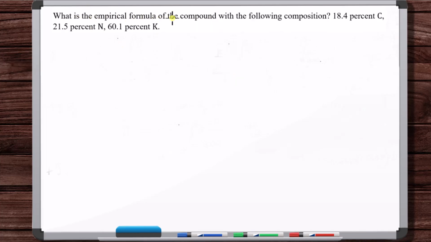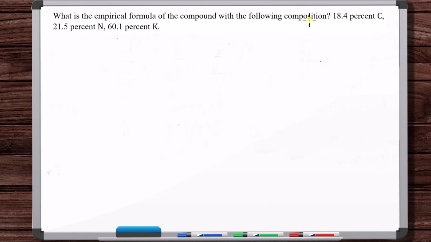What is the empirical formula of the compound with the following composition? 18.4% carbon, 21.5% nitrogen, 60.1% potassium. So I wasn't sure if they're talking about percent by mass or percent by atom here. I looked into it, and I think they're talking about percent by mass.